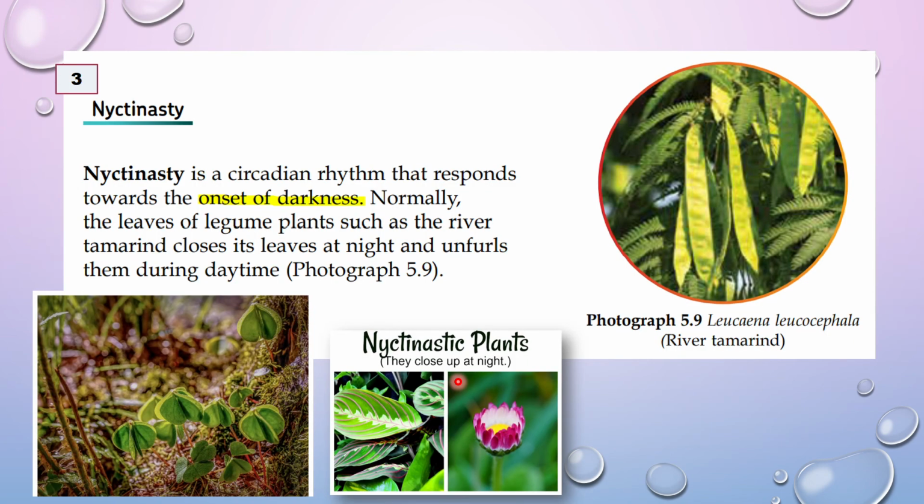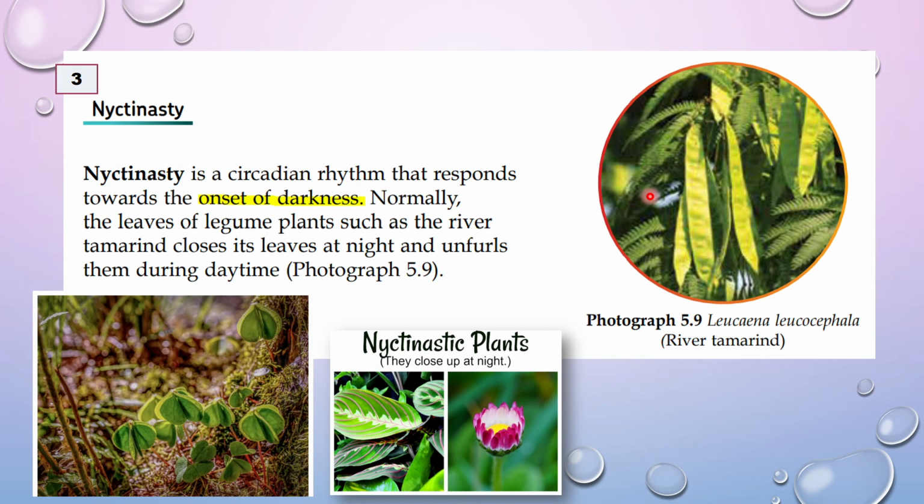The third one is nyctinasty, which is a circadian rhythm that responds towards the onset of darkness. Somewhat similar to photonasty, but it's discussed as a different type of nastic response. Normally the examples given here are the leaves of legume plants, as you can see here at the right-hand side.